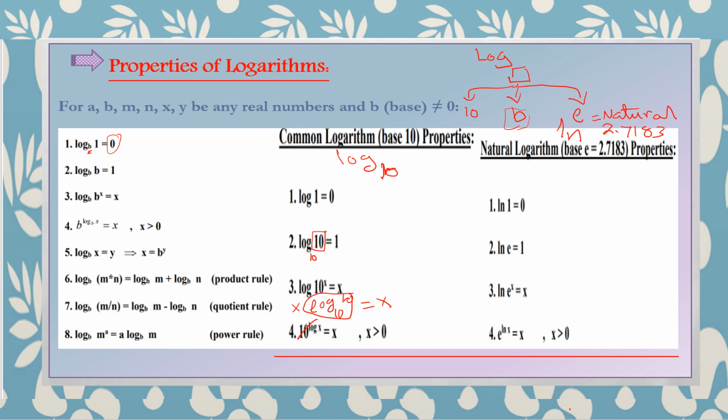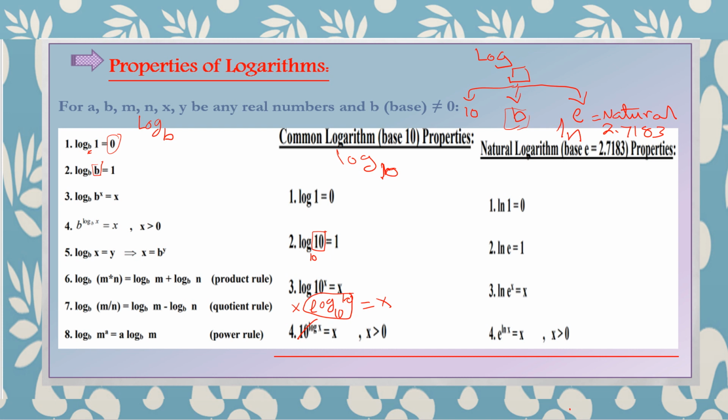Second case, when the base of the logarithm equals b. Again, the logarithm of 1 equals 0, and this is a standard case. Always the logarithm of 1 with any base, 10 or b or e, equals 0. And also the logarithm of b, when the base and the number of the logarithm are the same, equals 1. This is also standard or fixed for any type of base.